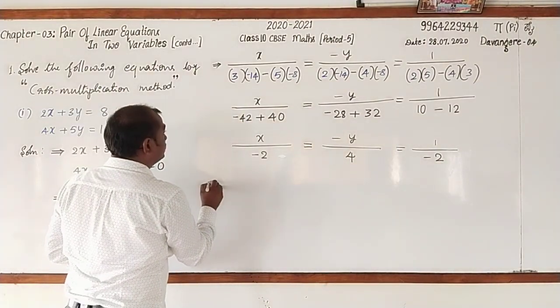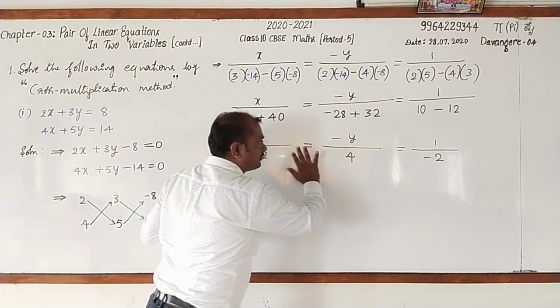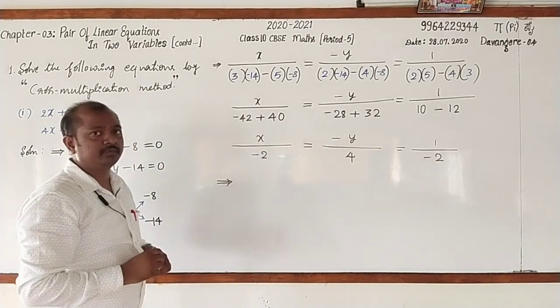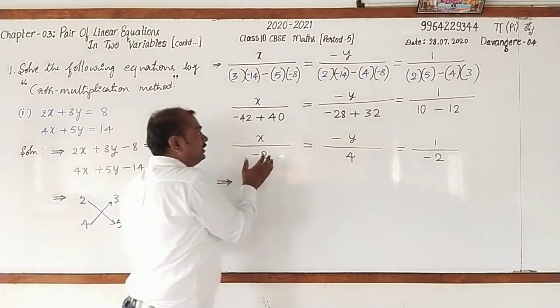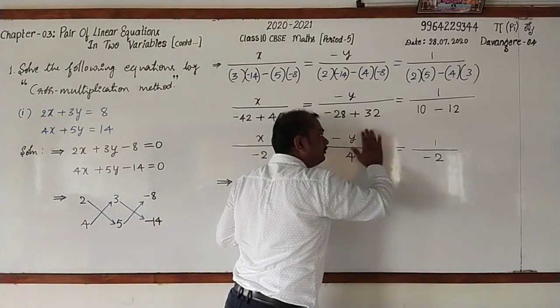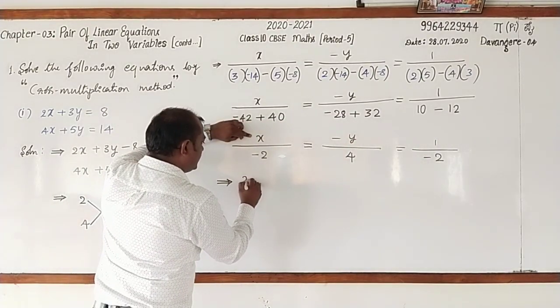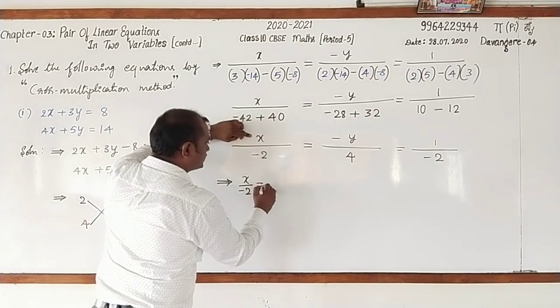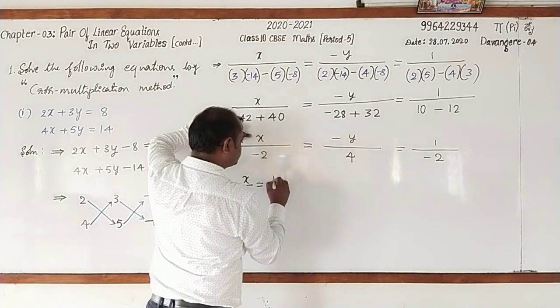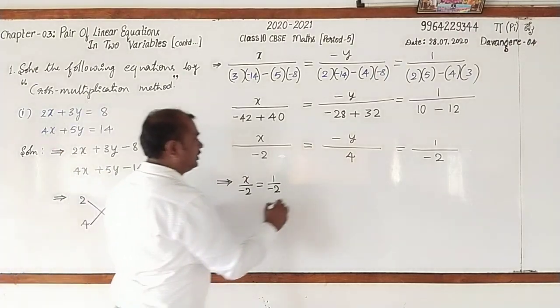Now, this step is very important. After writing them in the simplest form, you go for equating the x term with a constant, and the y term with a constant. x by minus 2 is equal to the constant 1 by minus 2.